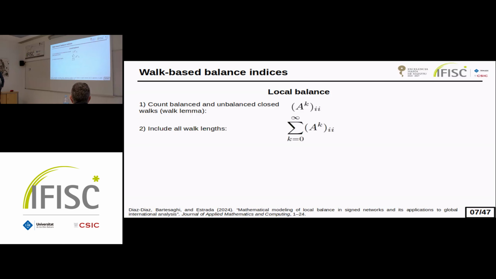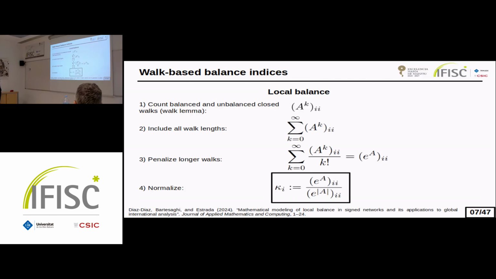Now, to take into account all lengths, we have to add up over all the indices k, but we have to include this inverse factorial penalization, and then this infinite sum converges to the exponential of the adjacency matrix, and in particular to its diagonal entries. Finally, we add a normalization constant that is related to the exponential of the unsigned adjacency matrix, and we find what we label the local balance index.